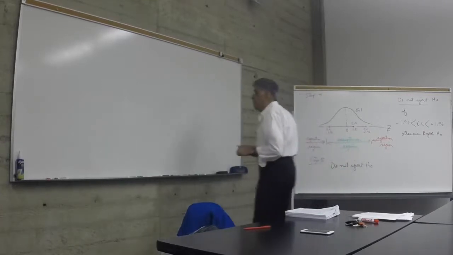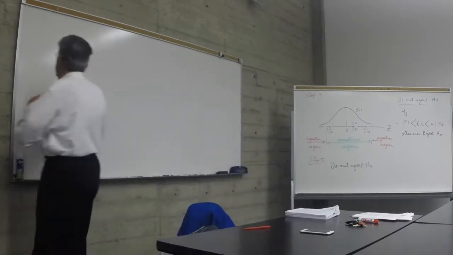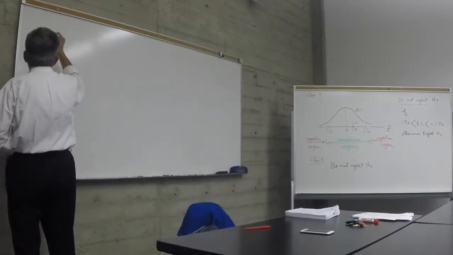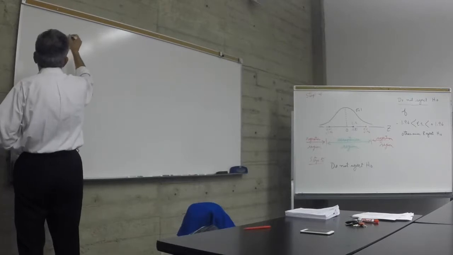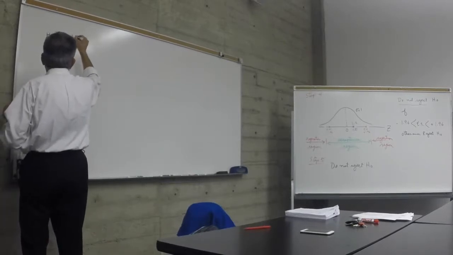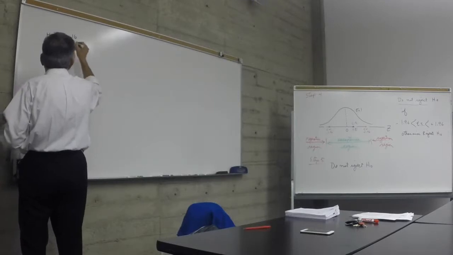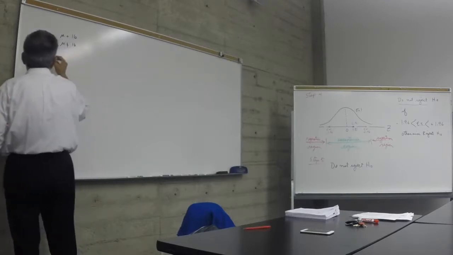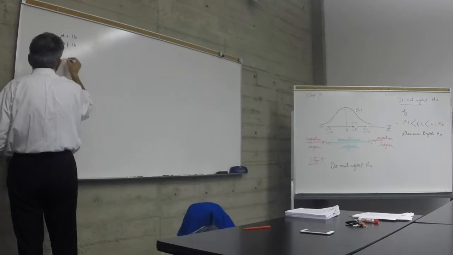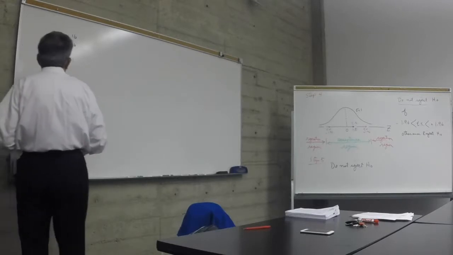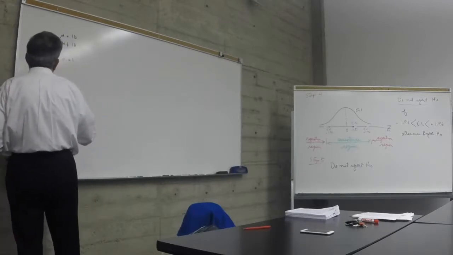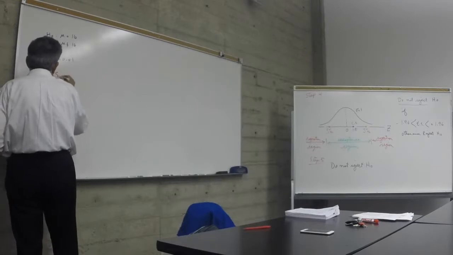So in my example that I had, I erased it, okay? So I had null hypothesis, mu equal 16, and alternate hypothesis, mu not equal to 16. So with alpha of 1%, and test statistic for me was 1.